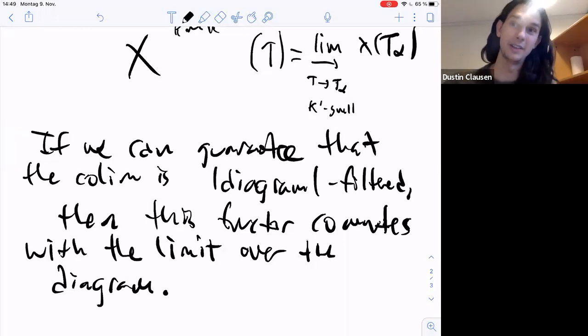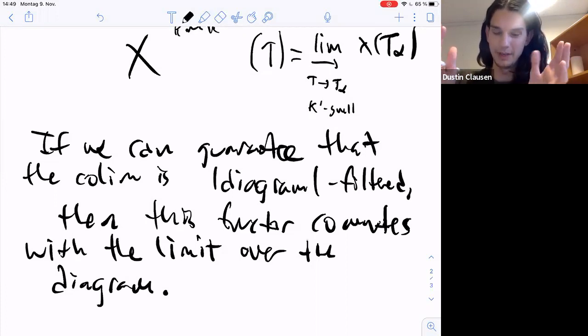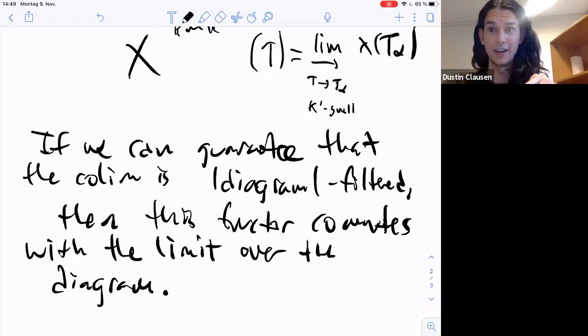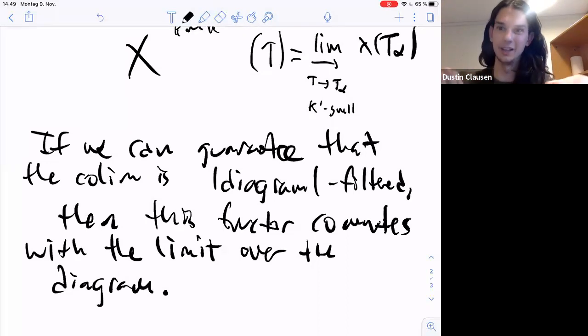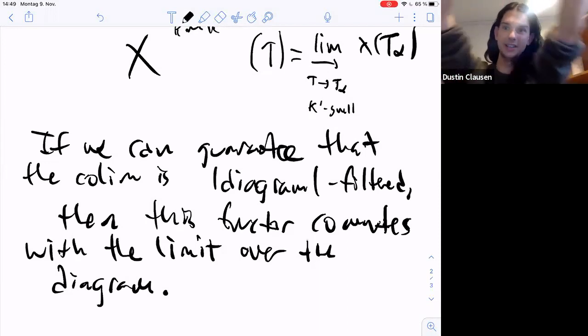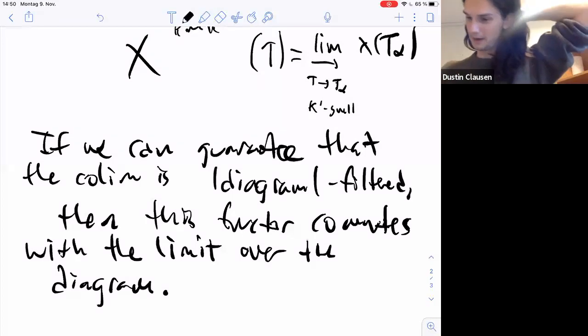You might know filtered colimit without the lambda as meaning every finite subdiagram can be coned off, and that filtered colimits always commute with finite limits. But this generalizes to higher cardinalities as well. If you want to commute with countable limits, then it's enough to be what's called an Aleph 1 co-filtered diagram. So every countable subset has a cone.